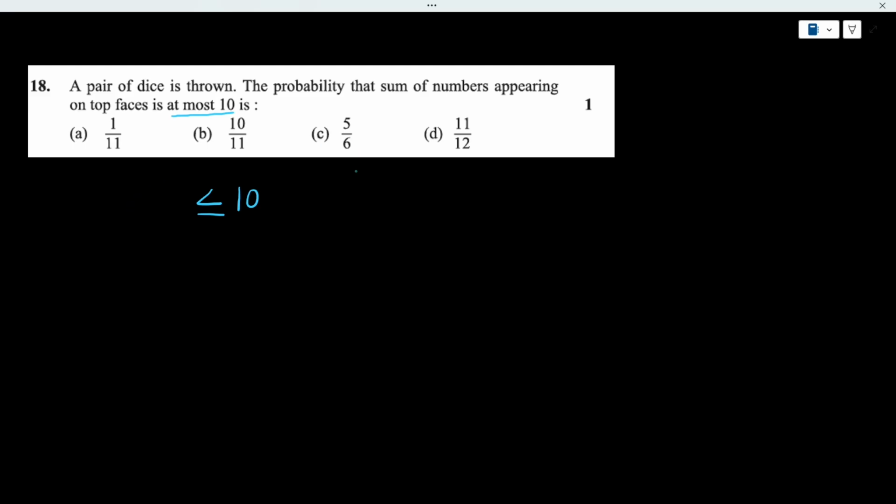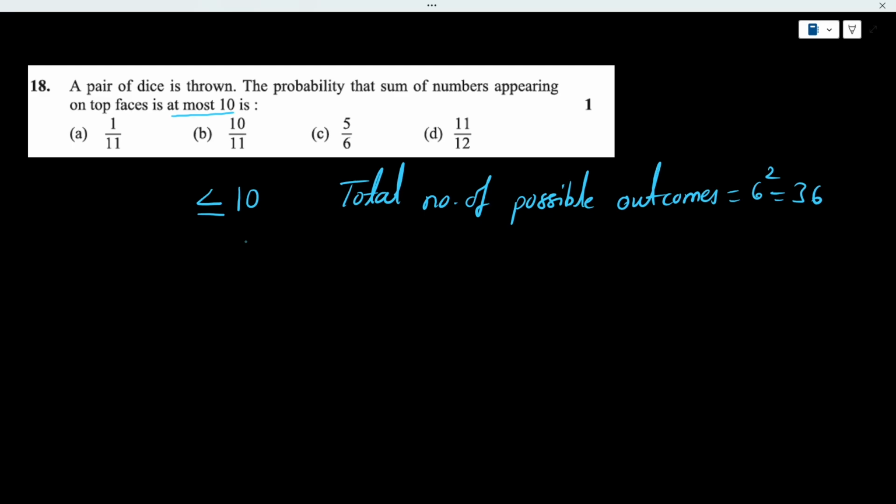So what are the possible outcomes when the two dice are thrown together? The total number of possible outcomes is 6 square, which is 36. Total number of possible outcomes when you throw two dice together is always 6 square, which is 36, right? Now what could be the sum? The outcomes are 1 comma 1, 1 comma 2, 1 comma 3, and so on.